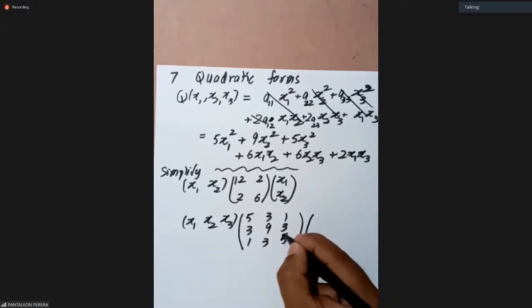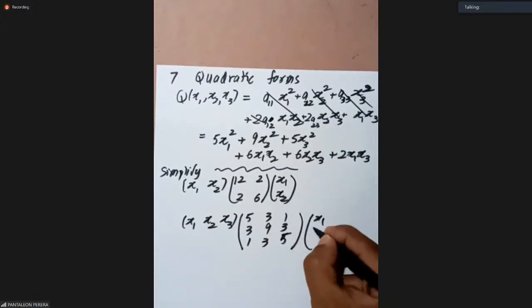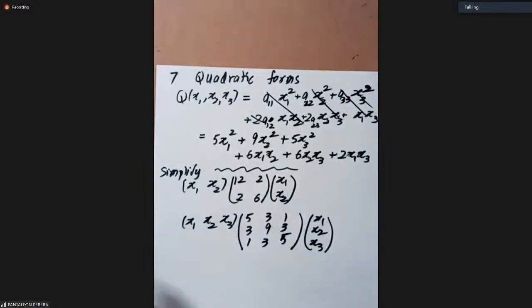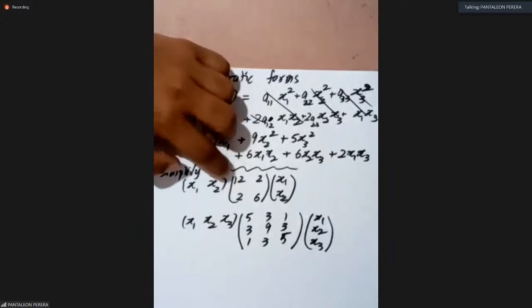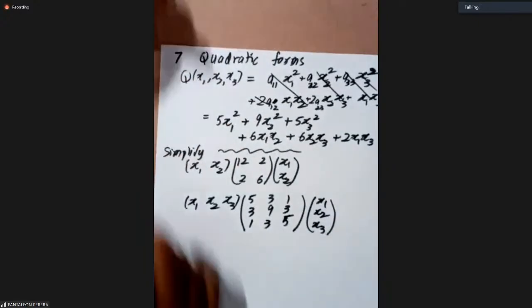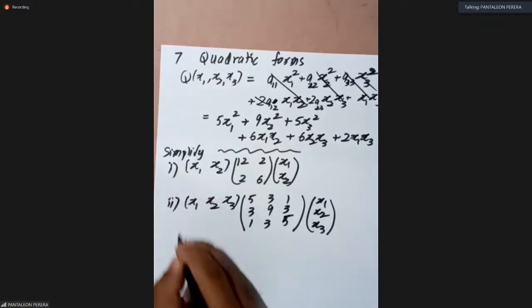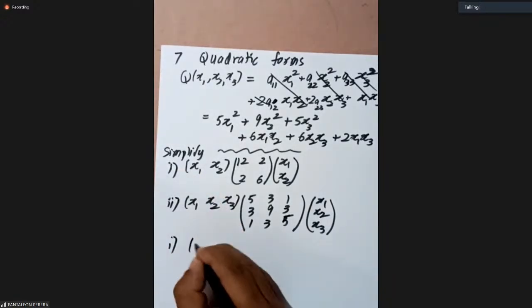You multiply this. I first multiply this one. You do the second. I do the easy one, you do the difficult one, right?